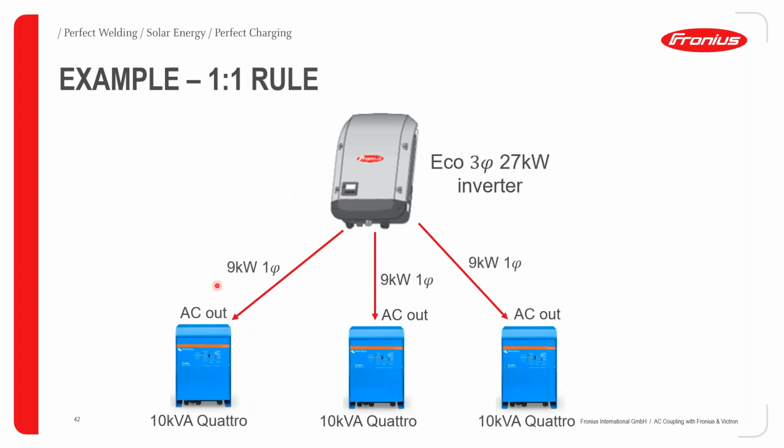In this case, the Fronius is less than the Victron Quattro per phase, as you can see over here. We have 9 kilowatts on phase 1 and the Quattro is 10 kVA, and the same can be said for phase 2 and phase 3. So again, we're following the one-to-one rule for all 3 phases. Remember, the Fronius Eco is a 3-phase unit, and your Victron Quattros are all single-phase, so in this case you need 3 single-phase Quattros and 1 three-phase Eco.